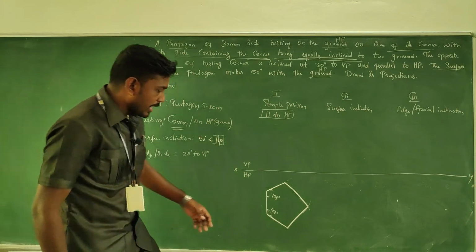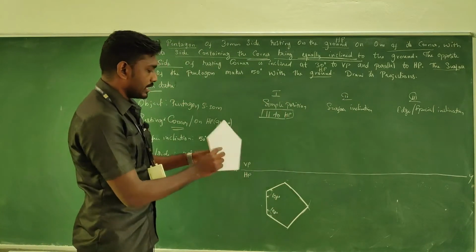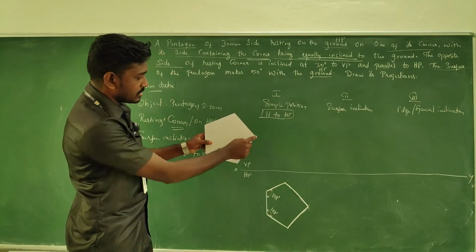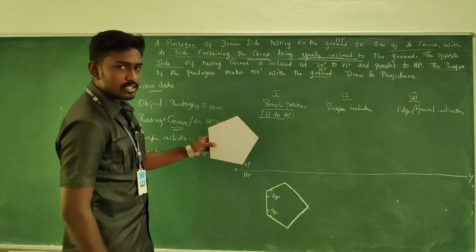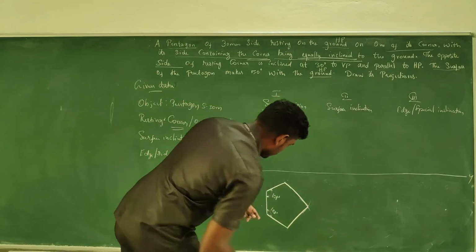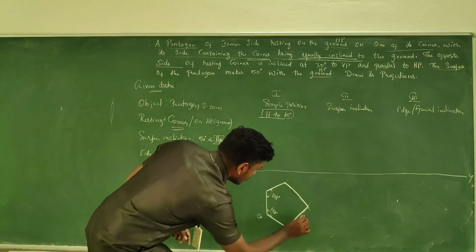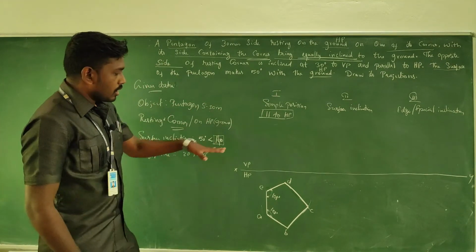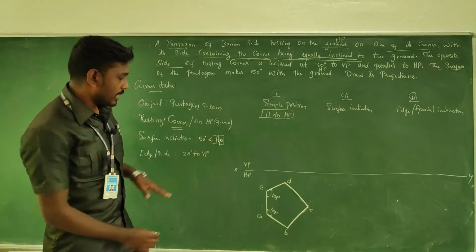fine. So now I'm going to give the naming. In the top view, I'm going to take this as A, this as B, this as C, this as D, and this is E. So here comes A, B, C, D, and this is E. How to capture the front view? It is easy, right?